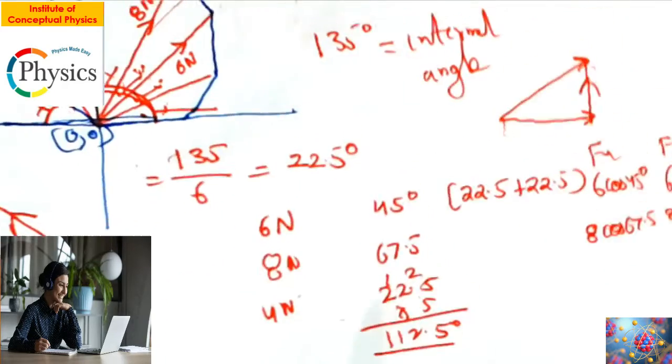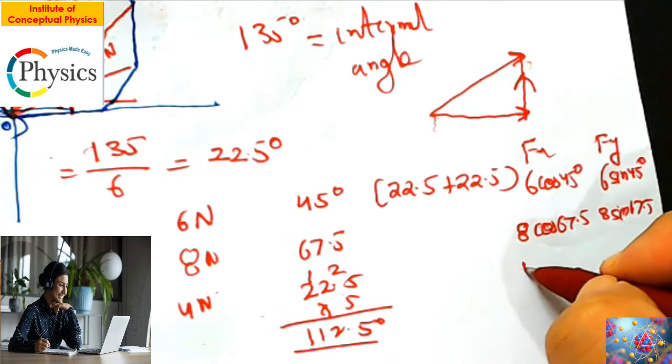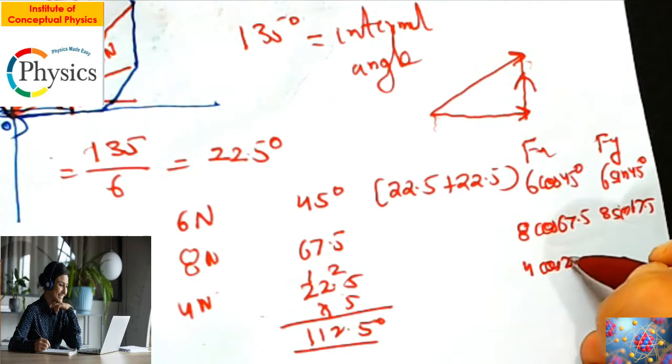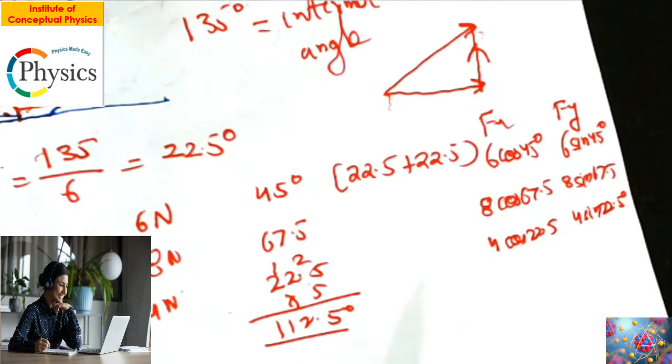If I want to write this here, I can write this as 4 cos 22.5 and 4 sin 22.5 degrees.